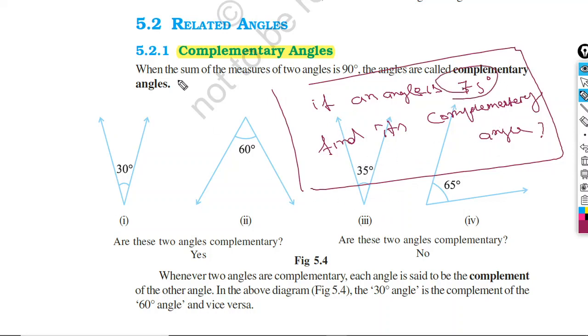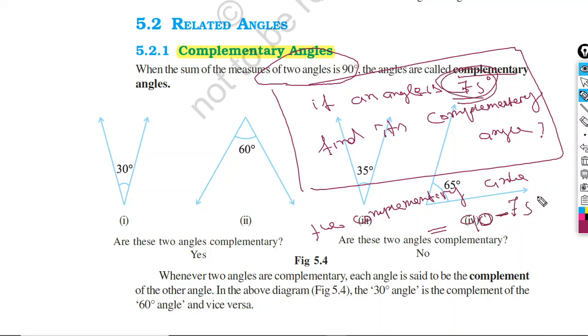We know the sum of the measure of two angles is 90 degrees, we call them complementary. Therefore the complementary angle equals 90 degrees minus this 75 degrees, which will be equal to 15 degrees. So the complementary angle of 75 is 15 degrees.